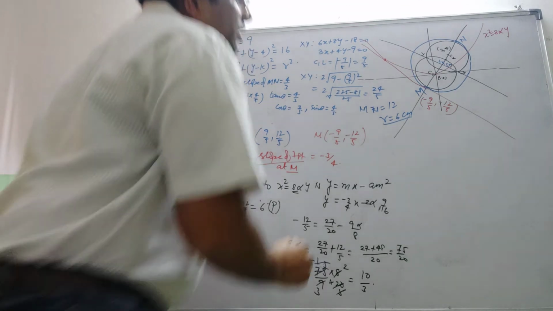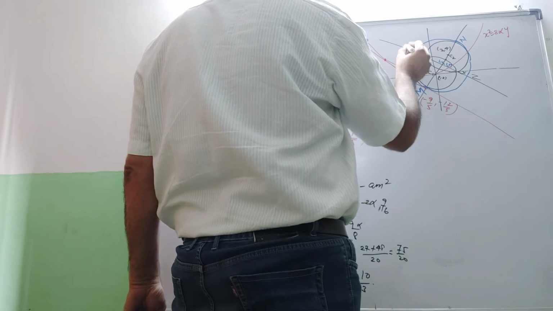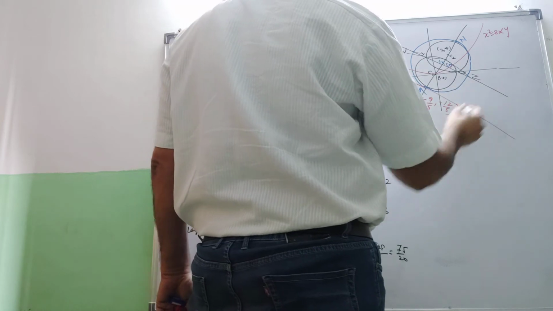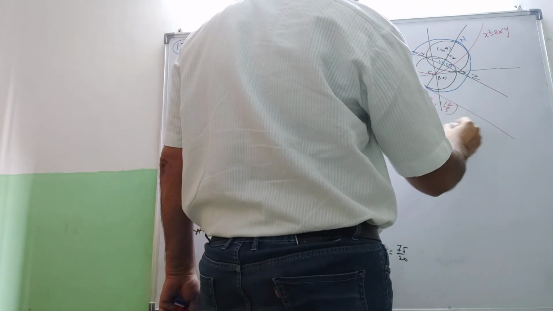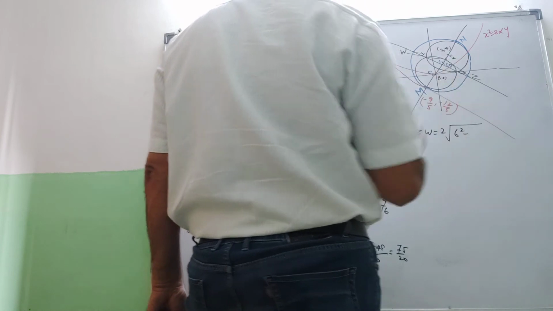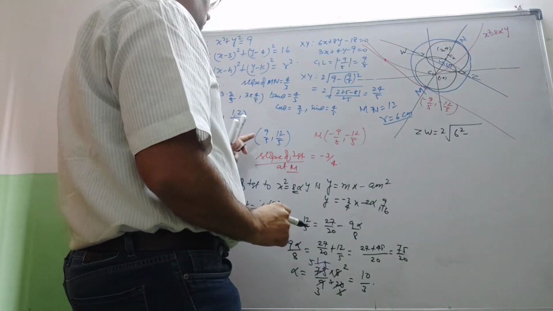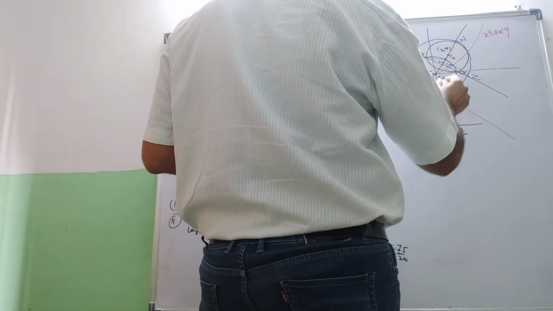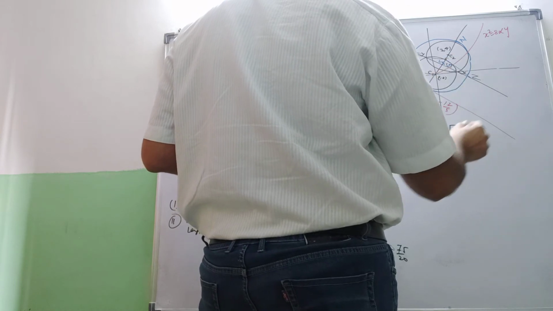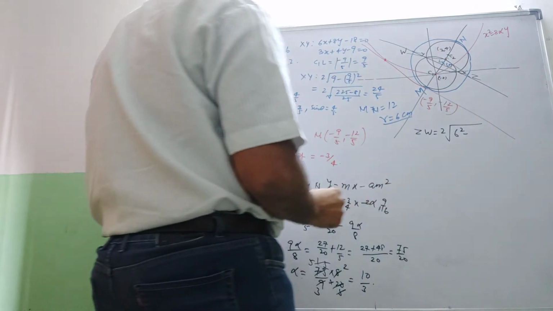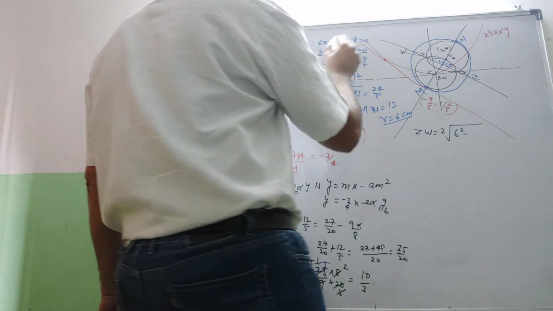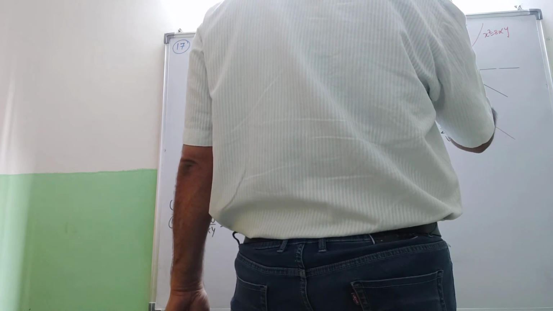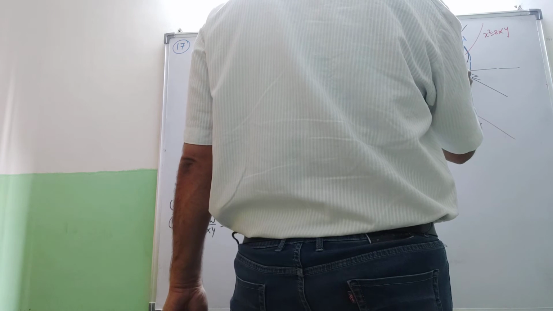ZW is this point of intersection. The length of ZW is equal to 2 times the square root of 6 square minus the distance from center C3 to this common chord, that is C3L.